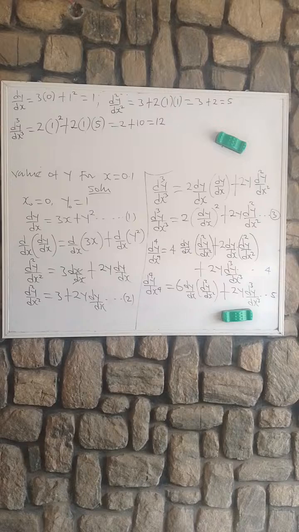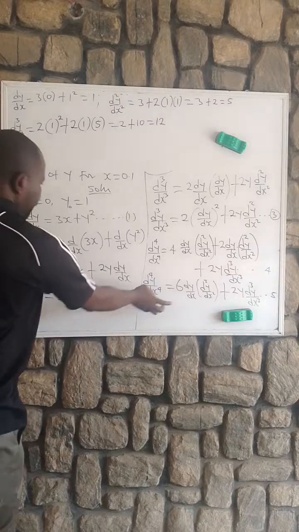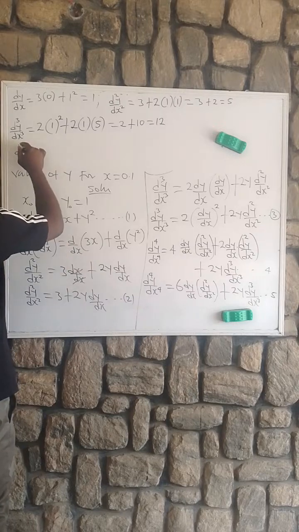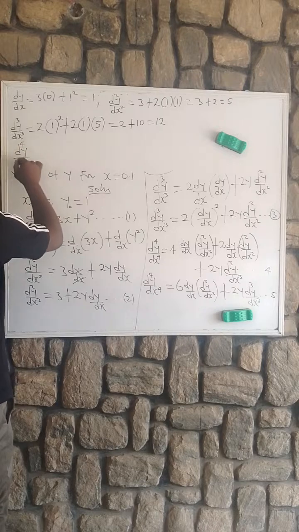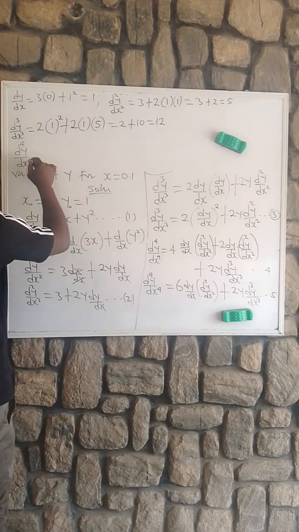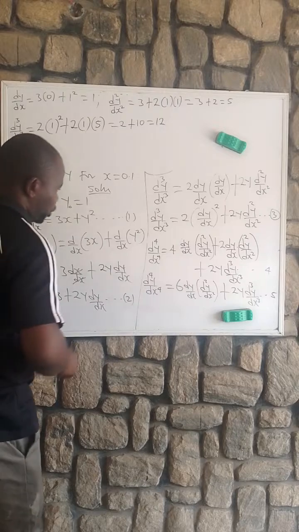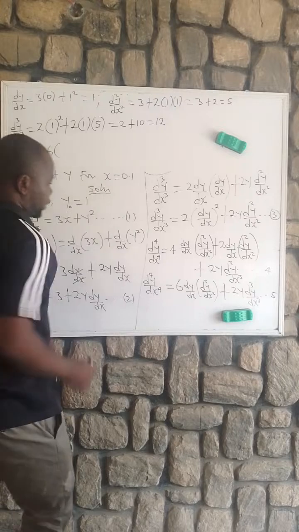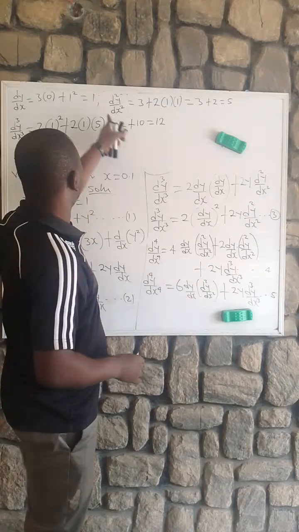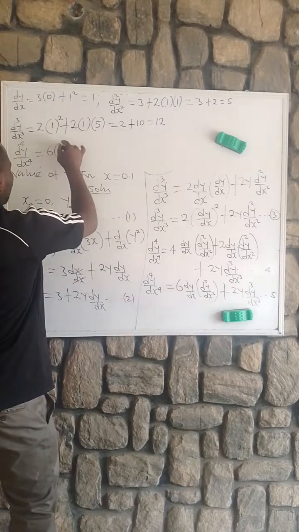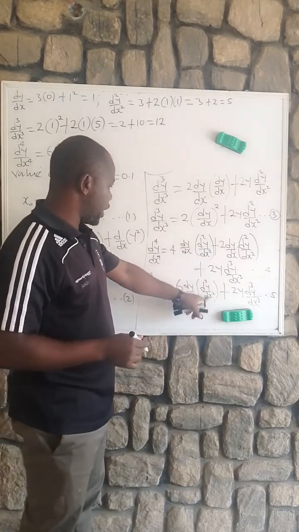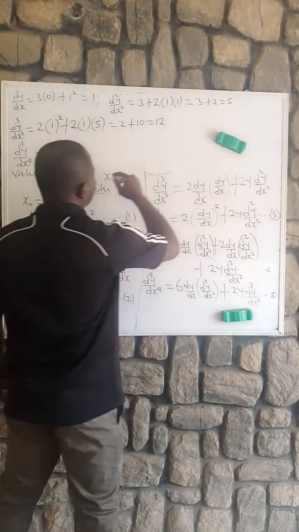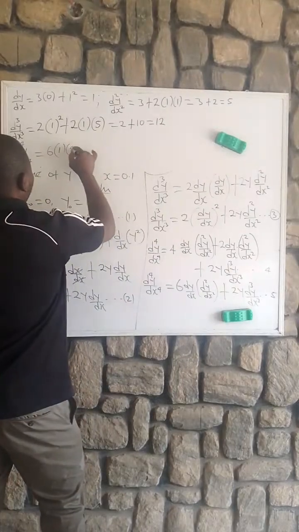So here, at this point, we are going to consider this fourth derivative. Then this is equal to 6. We have 6 here. 6 times dy over dx is what? 1, right? Times 1. Then we have d squared y over dx squared, which is equal to 5 times 5.